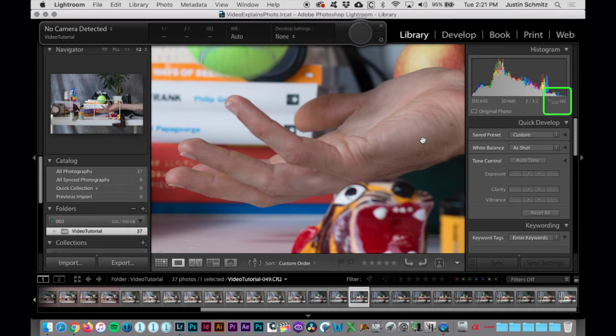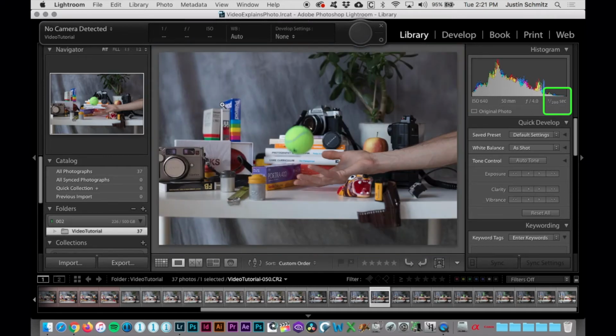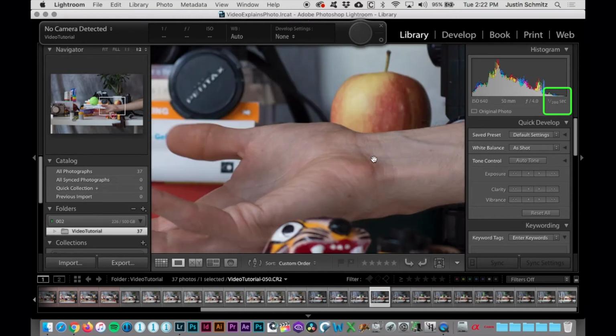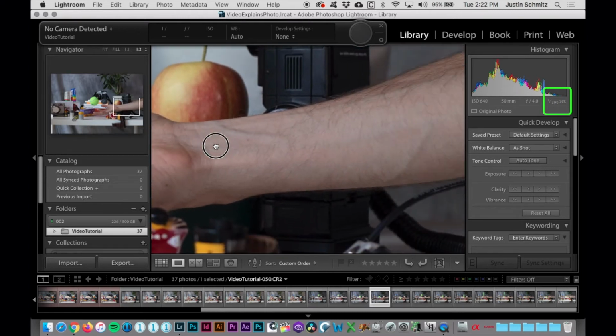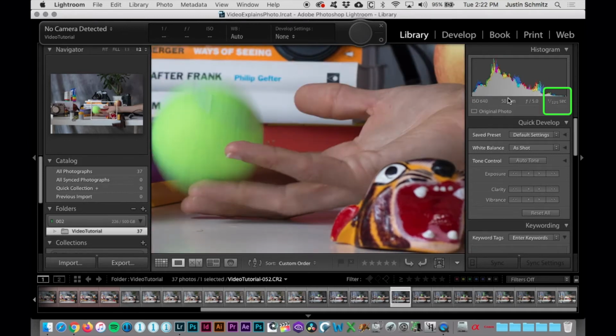We get down to a 200th, and there's a little more motion blur on the ball because it's moving so fast, but for the most part, we've stopped the motion of my hands.